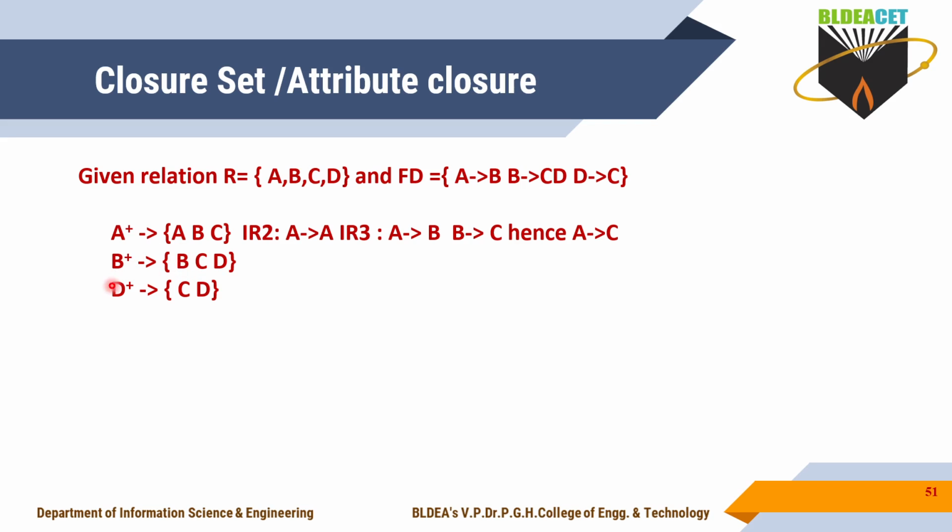So the closure of B is BCD. The same way, the given functional dependency is D determines C here. After using reflexive, I'll get to know that D is also included. Like this, if you take it, it doesn't make any difference to your functional dependency. So this is what we call a closure set or attribute closure here. Okay, is it clear now? Thank you.